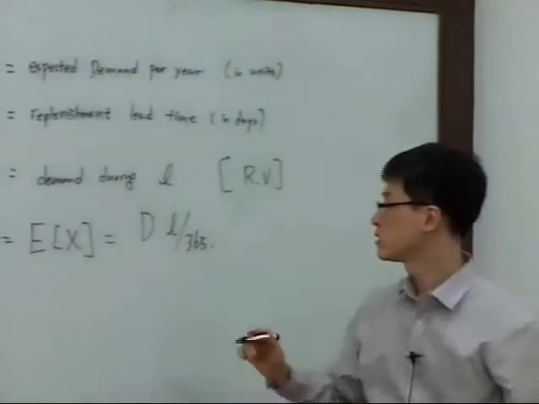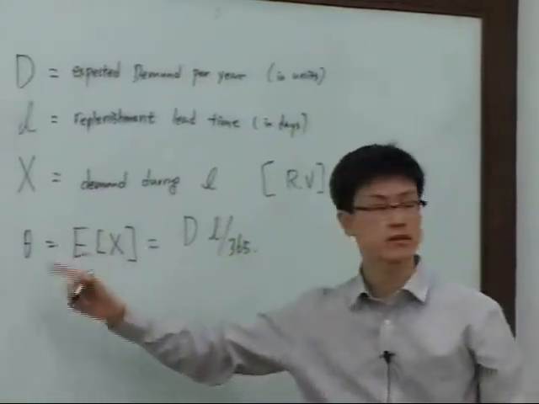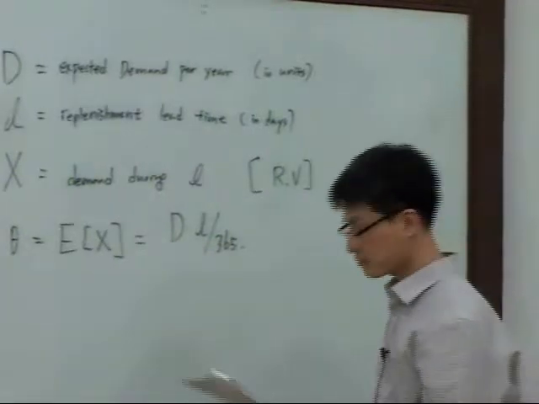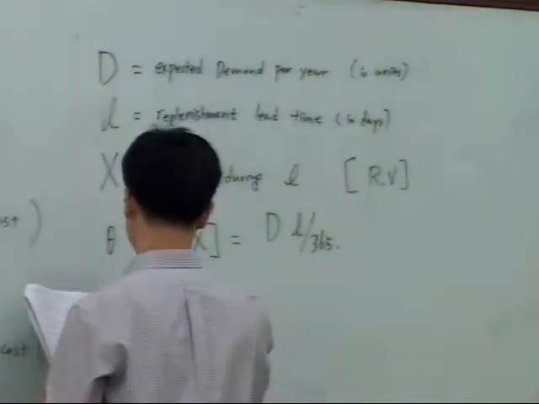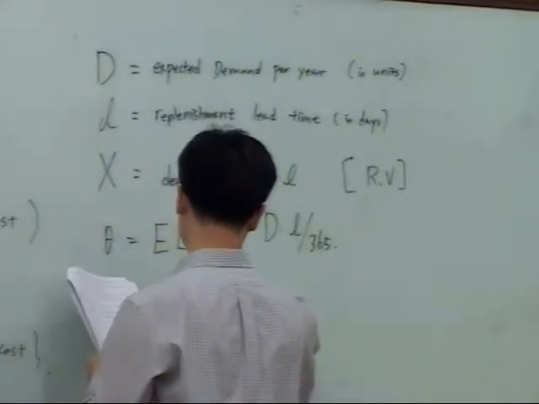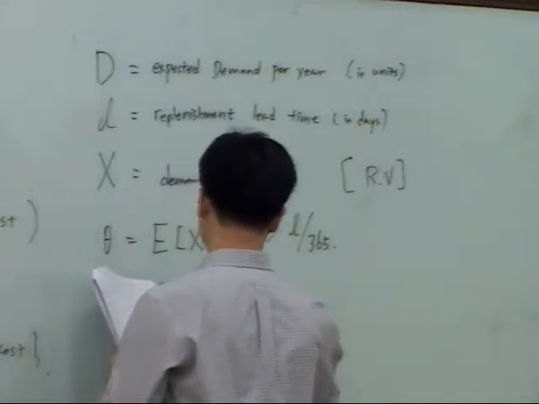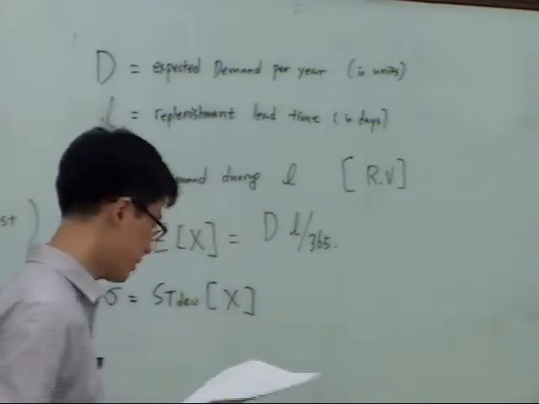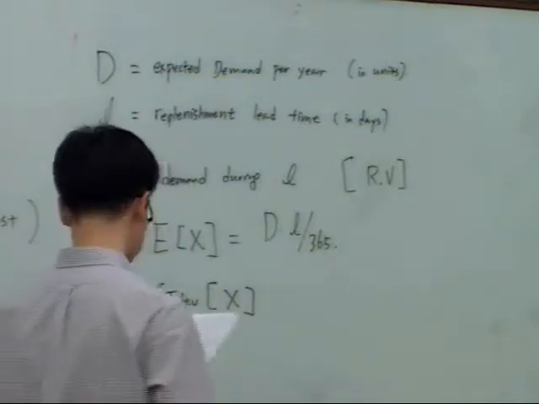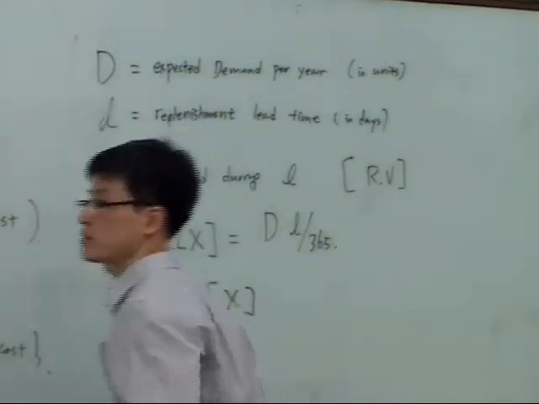So the point is D is different from theta. And sigma is the standard deviation of your random variable, the demand during L. And let's continue over here.